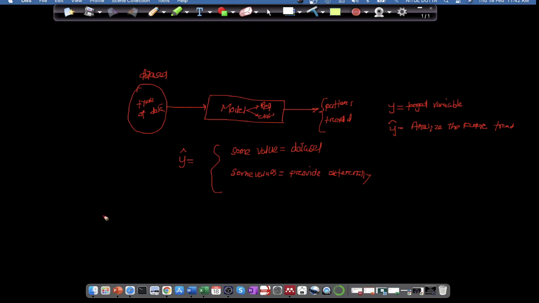For example, suppose that we are using a regression model.